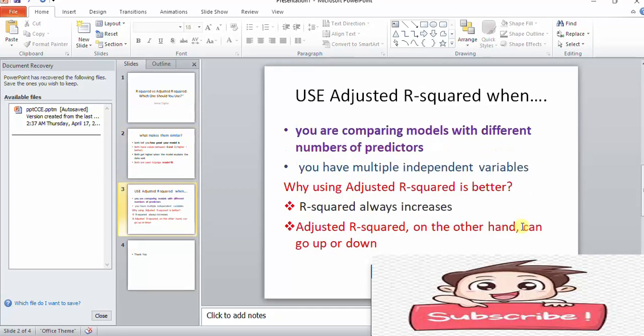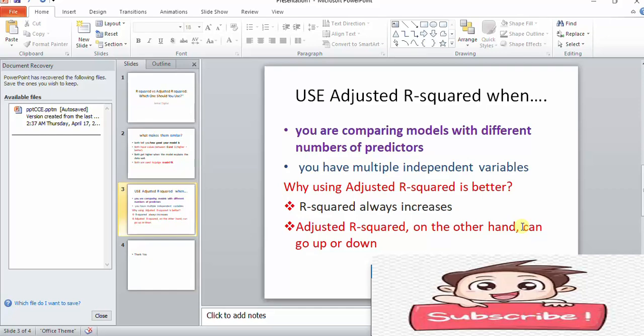Now let's talk about the important topic. When you have to use adjusted R square, or when you should prefer adjusted R square rather than R square value. There are two important situations in which the researcher should select adjusted R square rather than R square. The first one is if the researcher is comparing two or different models.